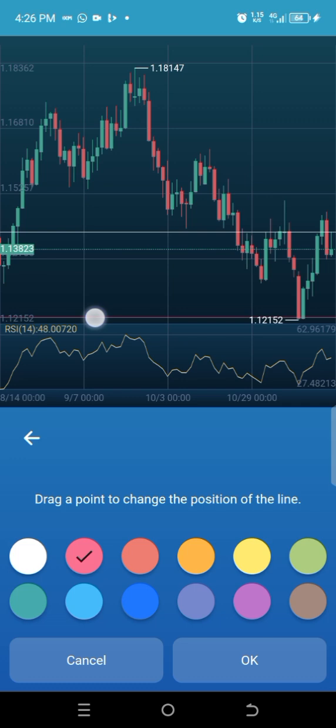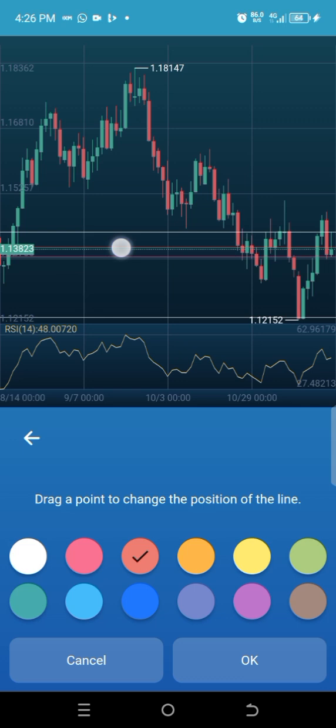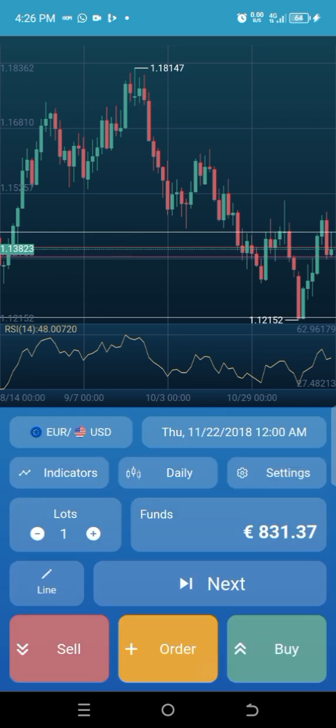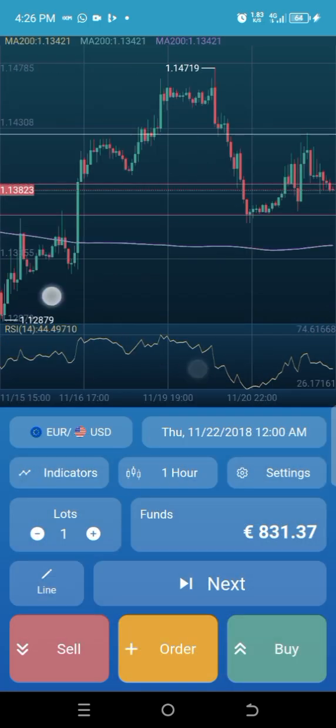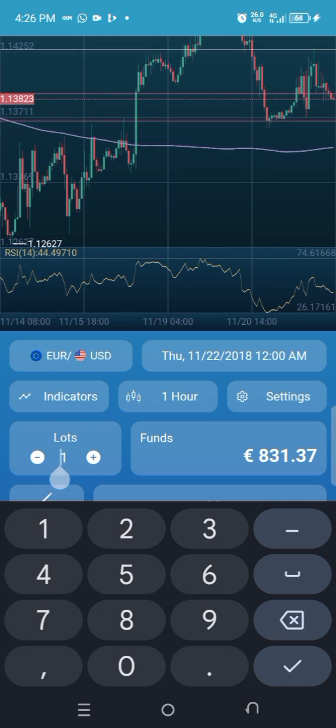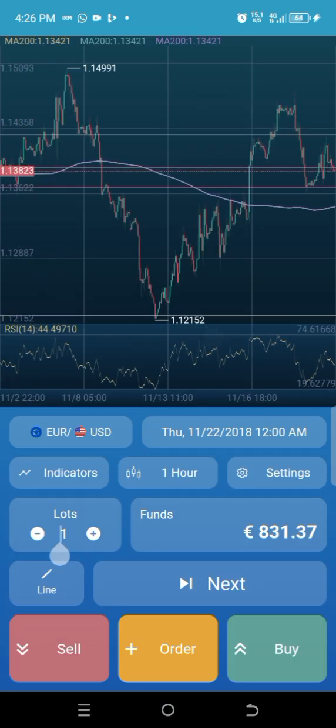High, low, open, close. Let's play the 1 hour. Our last point. Our trend line.